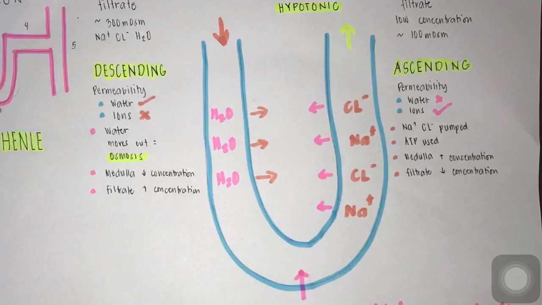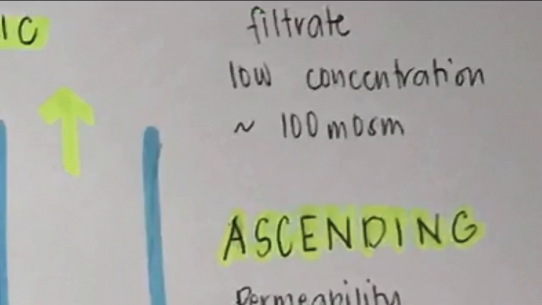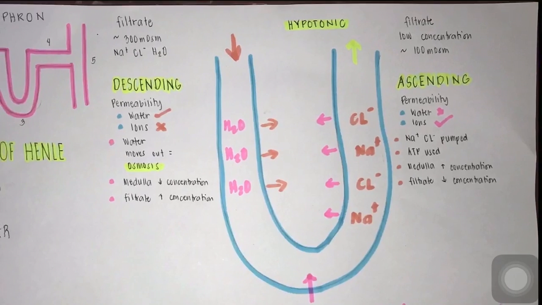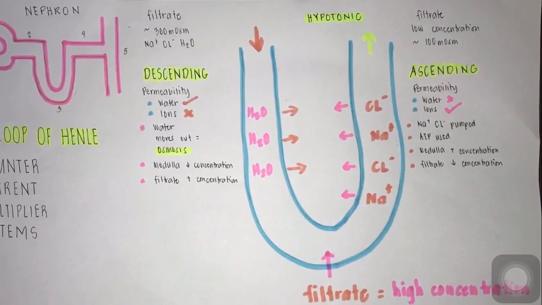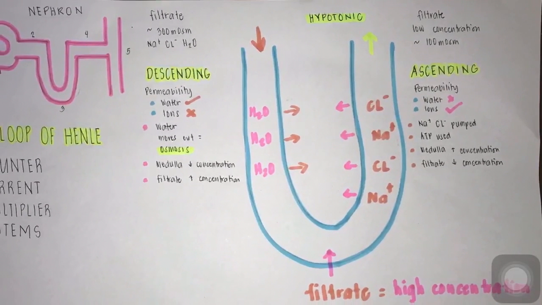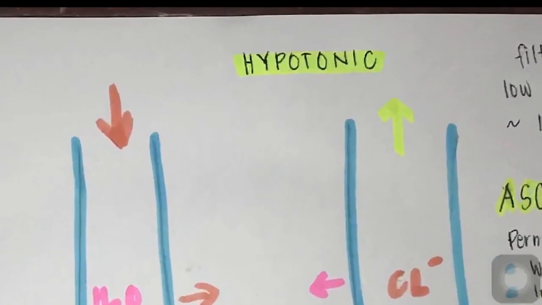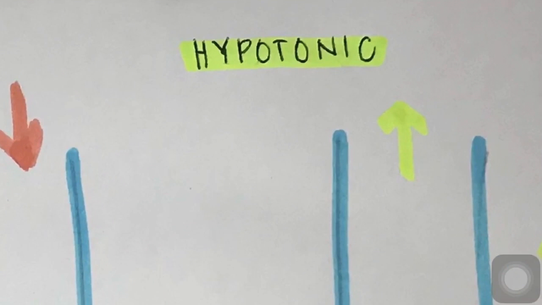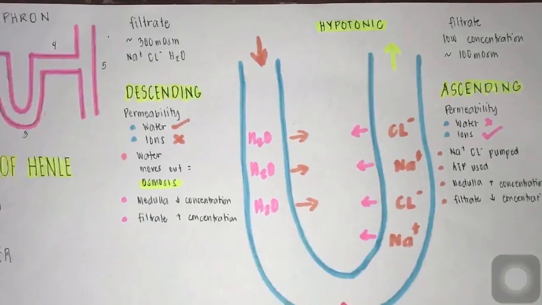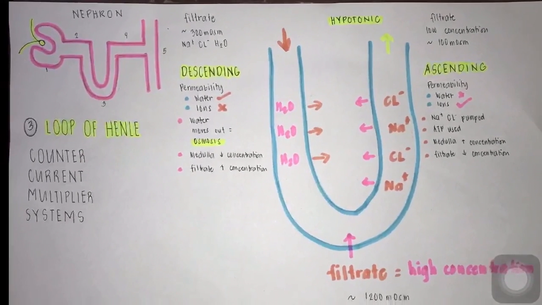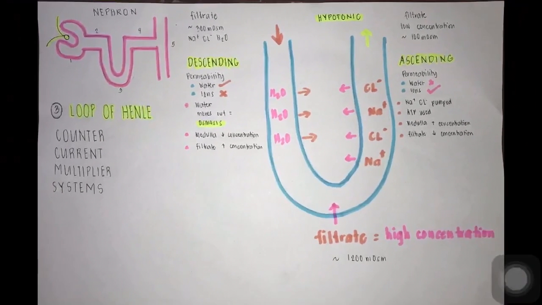So by the end of this ascending limb up here, we've got low concentration filtrate, about 100 milliosmoles. In terms of what that is, we call it a hypotonic solution because it has a lower concentration than the fluid surrounding it in the interstitial fluid. So the filtrate is now at a lower concentration than the surrounding fluid.